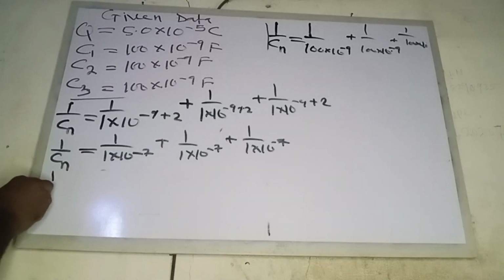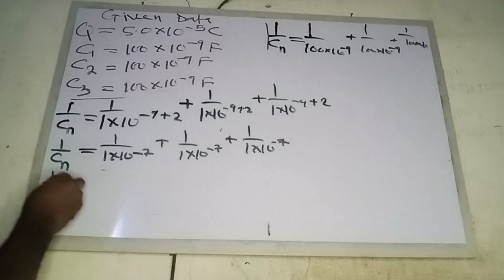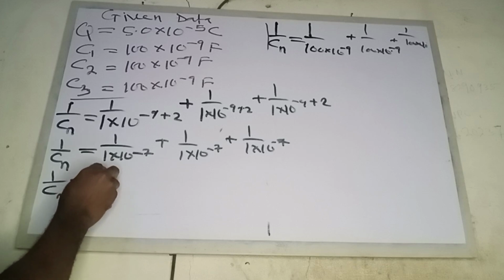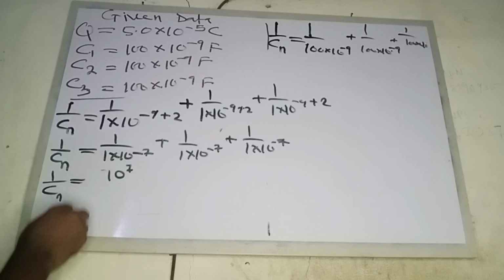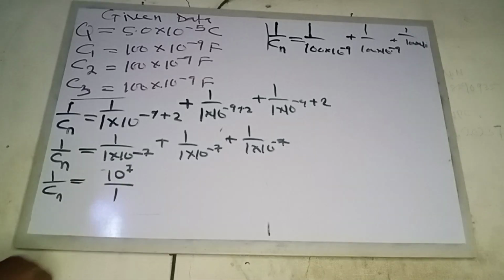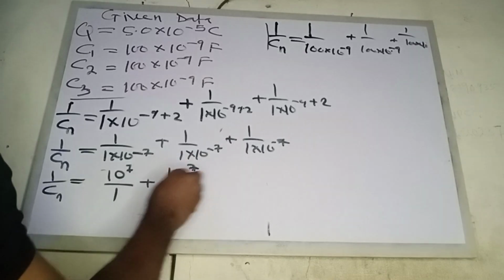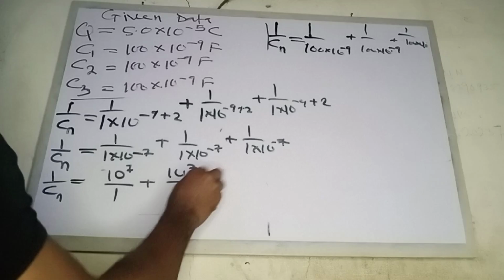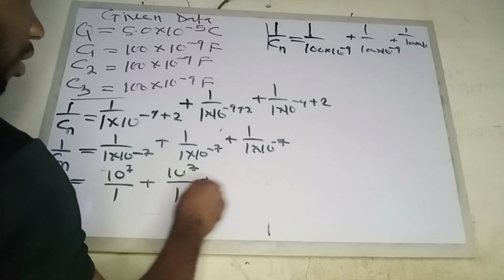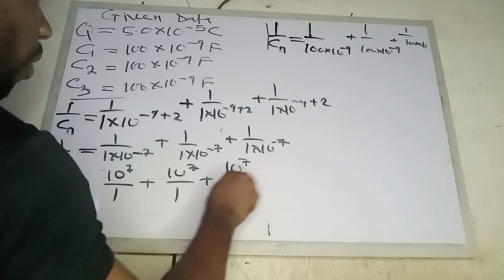So we have 1 over Cn equals 10 raised to the power of 7 over 1, plus 10 raised to the power of 7 over 1, plus 10 raised to the power of 7 over 1.